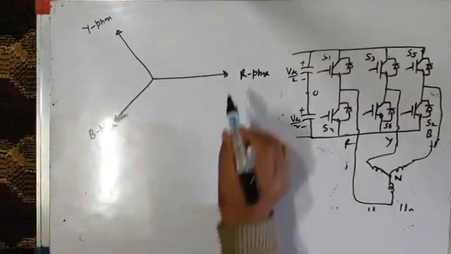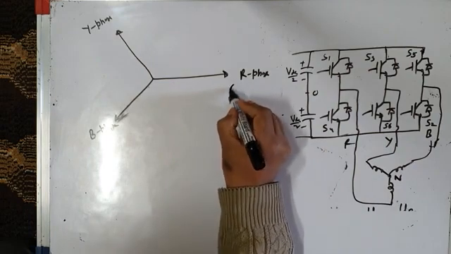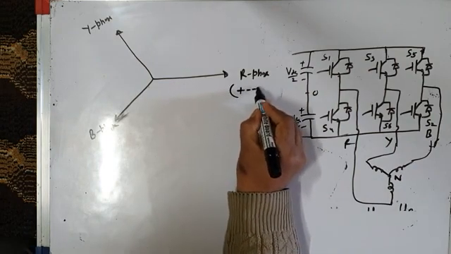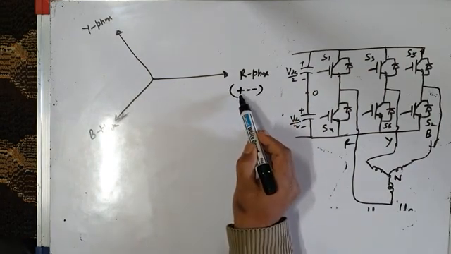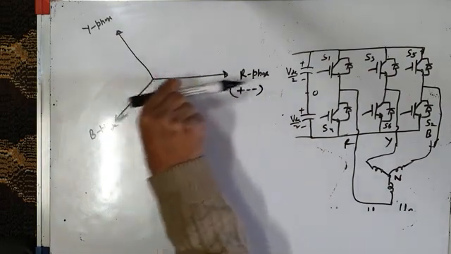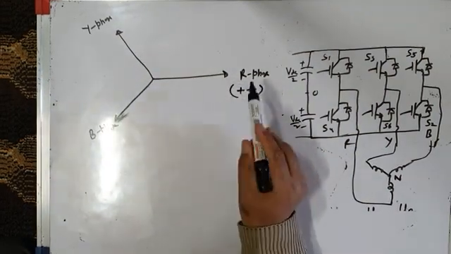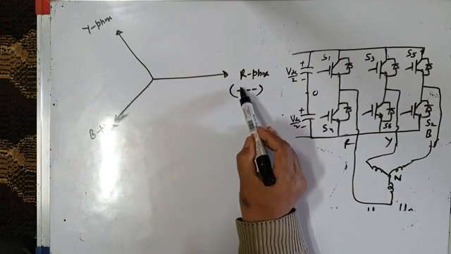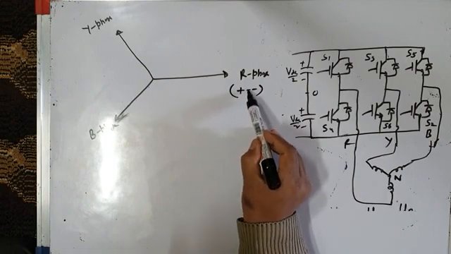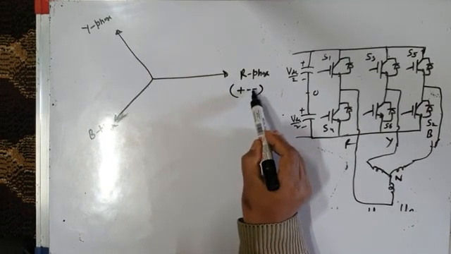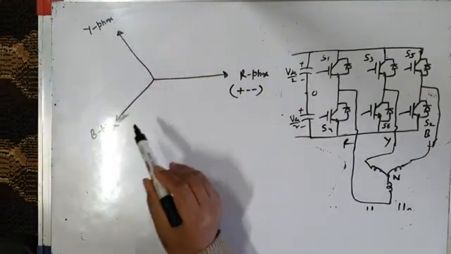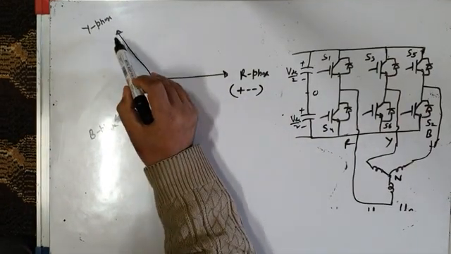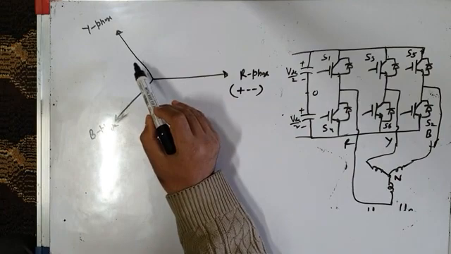So along R phase, my switching state will be plus minus minus. Why am I writing plus minus minus? Because along this R phase axis, the R phase voltage will be at its maximum value, so I put plus here, and the other two voltages will be negative at that time. Let us go to Y phase. Along Y phase, which voltage will be at its maximum value?